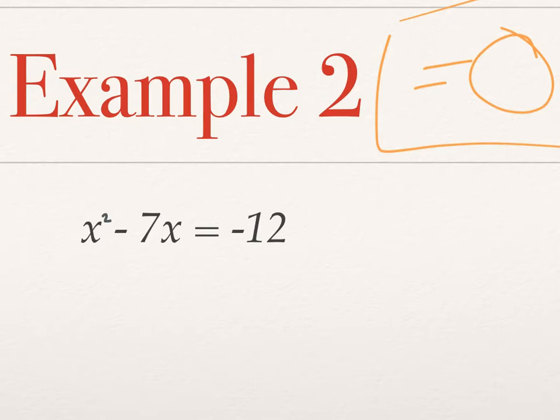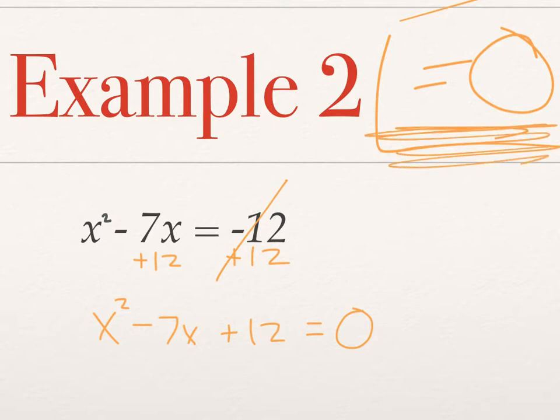If 12 is negative on the right side, how do we move it to the left? Add 12. So we get x squared minus 7x plus 12 is equal to, what's negative 12 plus 12? 0. All we did was move our 12 over to the other side because we have to have our equation equal to 0.